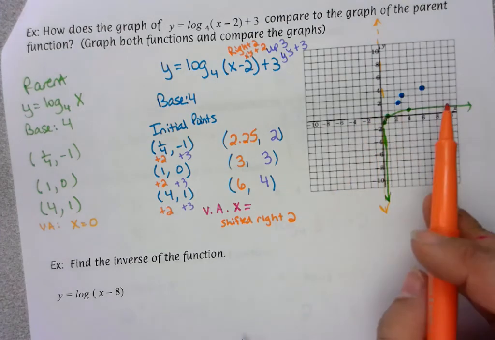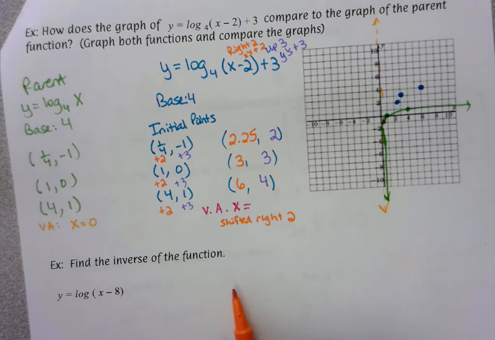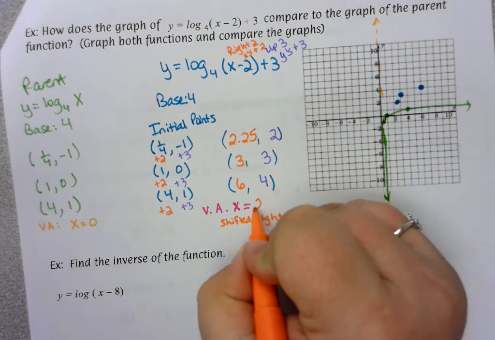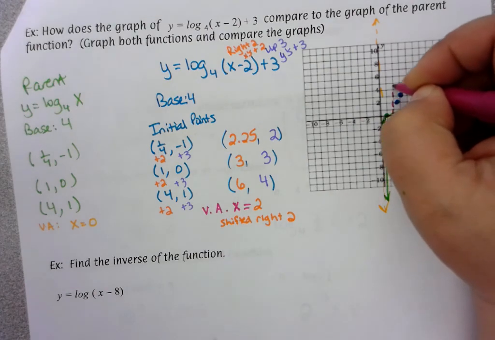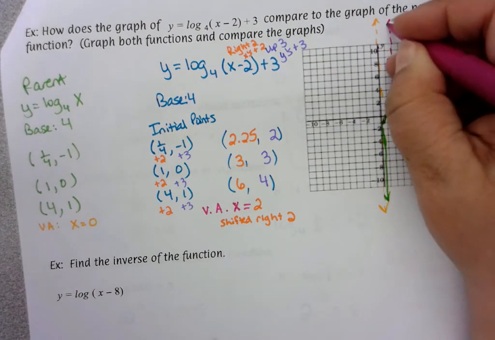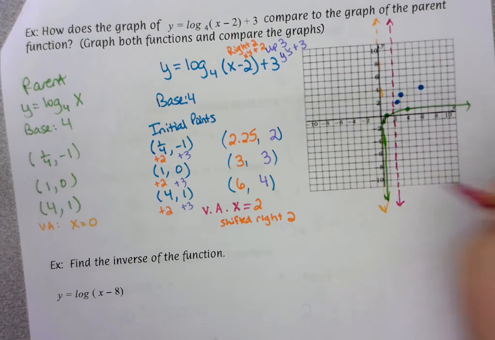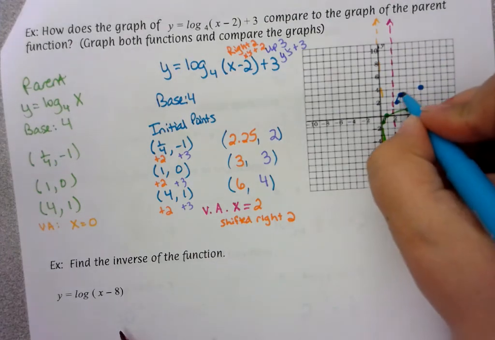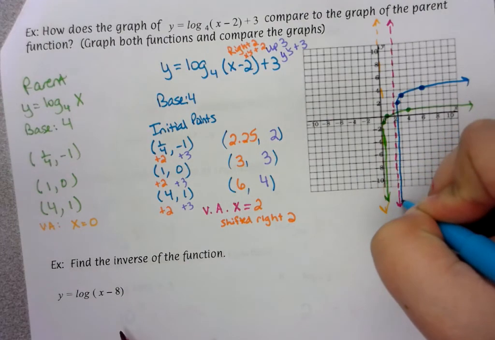So whatever our graph is shifted right and left, our vertical asymptote is shifted that same amount. So our vertical asymptote will be at 2 for this one. So when we draw in this asymptote, we can see that it's moved to the right 2, and our graph, as we draw it in, will get close to that, but it will not touch or cross.